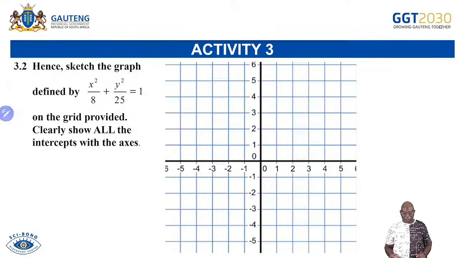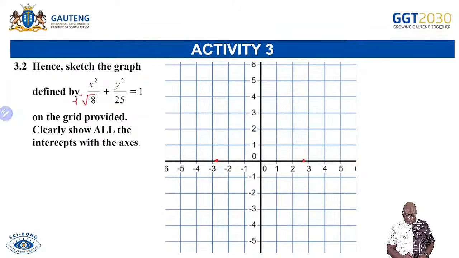The next question is obvious. Sketch the graph on that given grid. Now, to sketch this, I need the square root of this number, plus minus. The square root of 8, according to my calculator, is 2,8. So 2,8 is next to 3. And the other one should be on the other side, on the negative side.